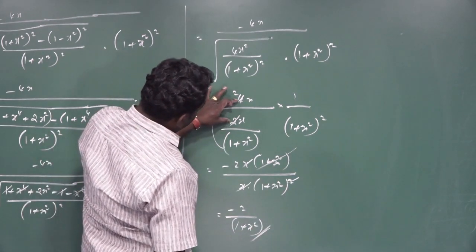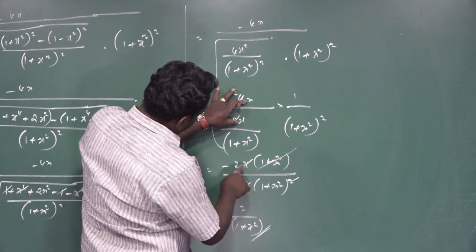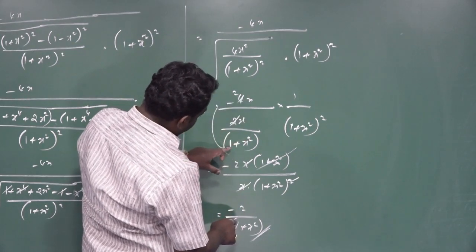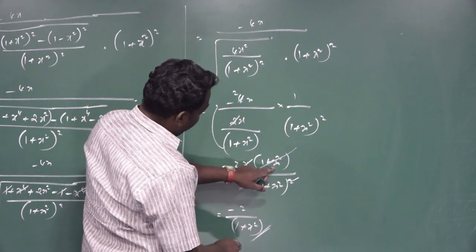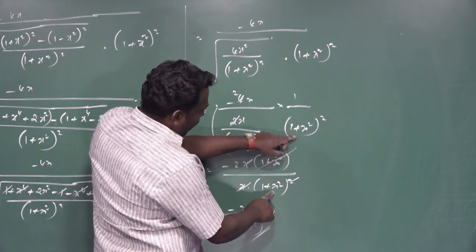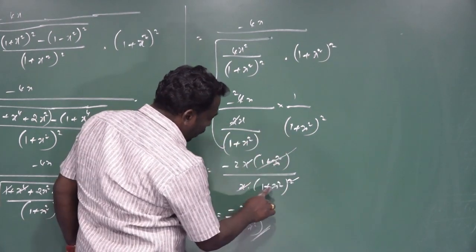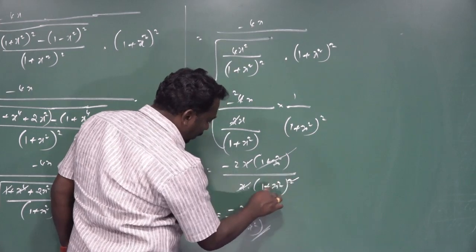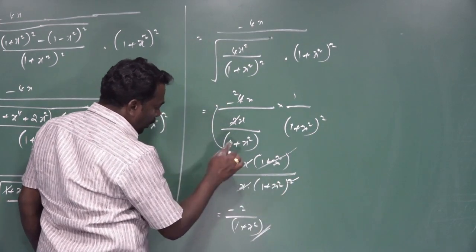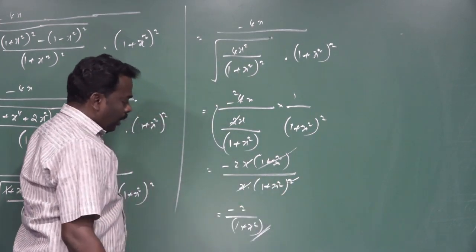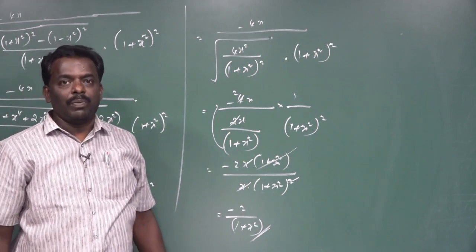So the final simplification: dy/dx is minus 2 by (1 plus x square).